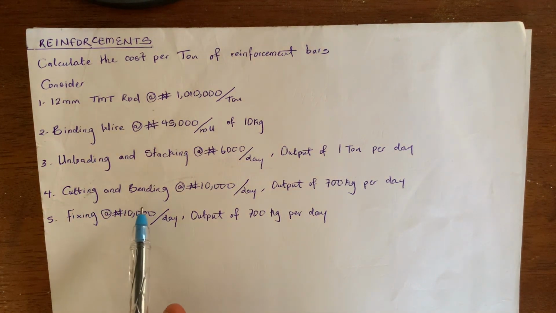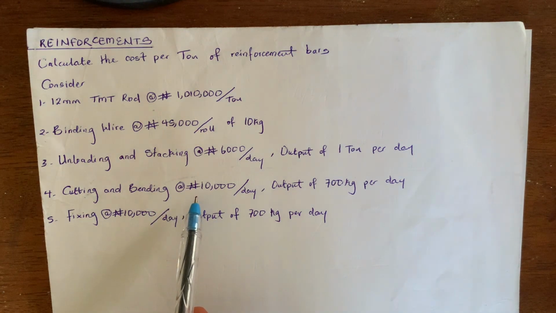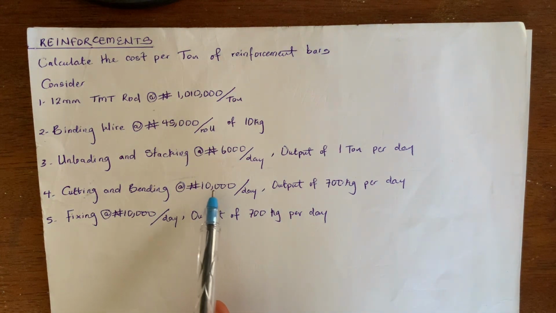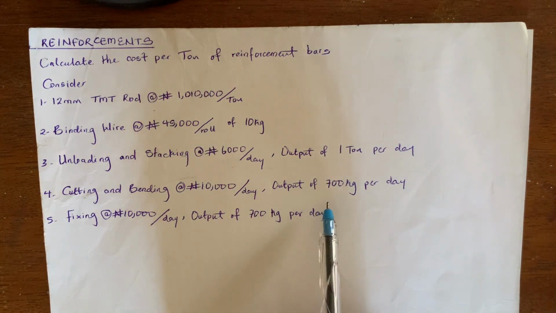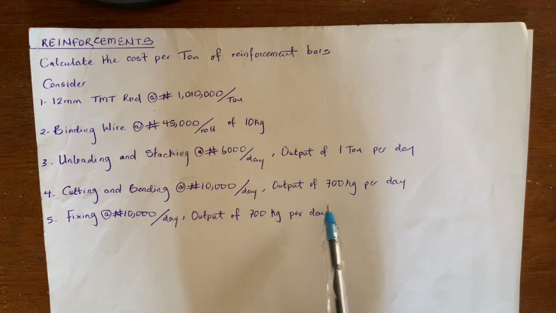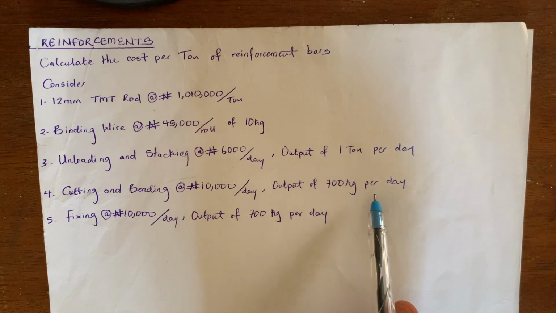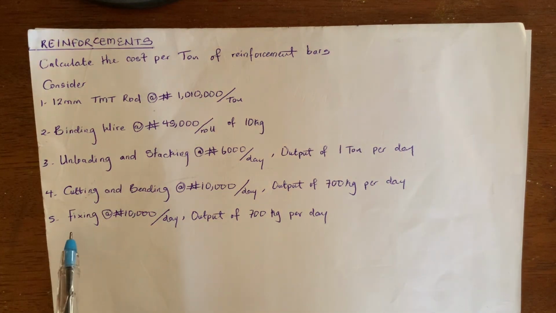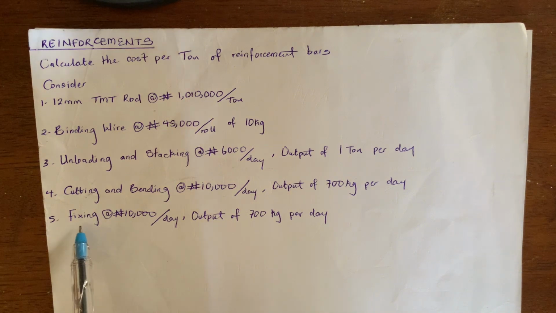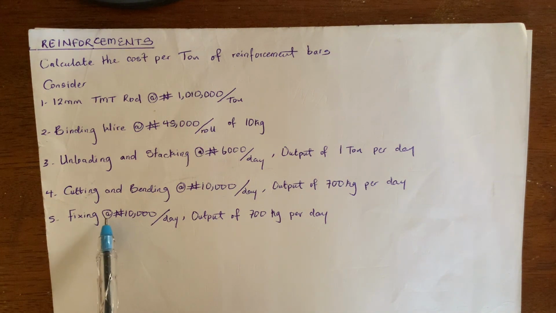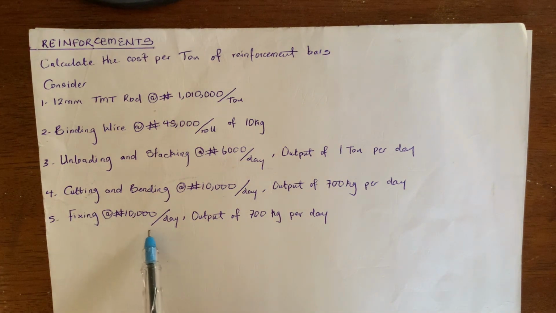Cutting and bending of the reinforcement per day, we will be paying the iron benders 10,000 naira. And the output for cutting and bending says that they can cut and bend 700 kg of reinforcement per day. Then lastly, fixing. After cutting and bending, to fix the reinforcement in place, we are also going to be paying them 10,000 naira per day.